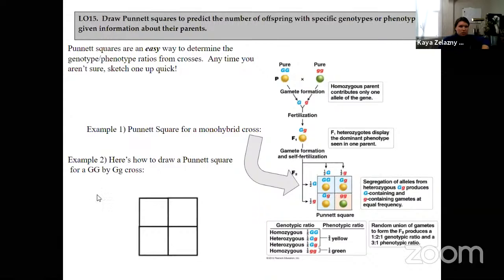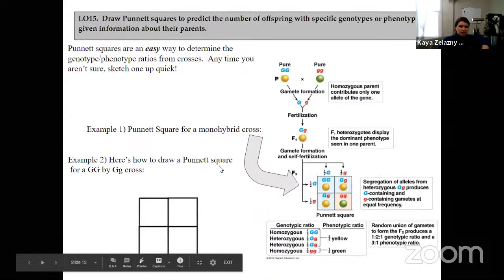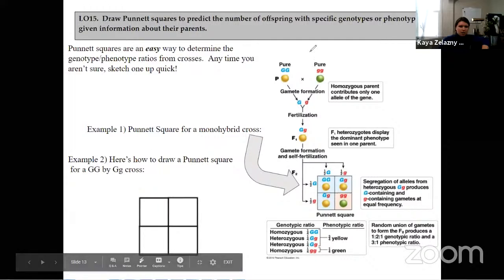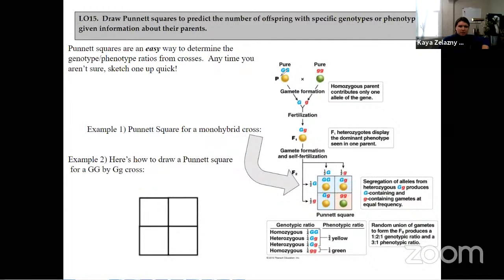Okay, so here we have an example of how you'd set it up. All right, so if we have a Punnett square, let's imagine we have this G gene. We want to see what would happen if we have a homozygous dominant individual have offspring with a heterozygous individual.